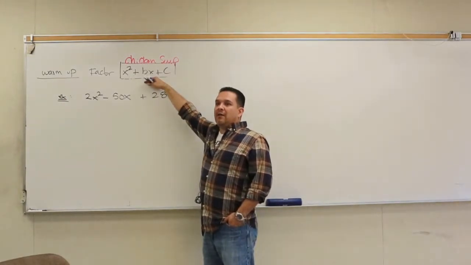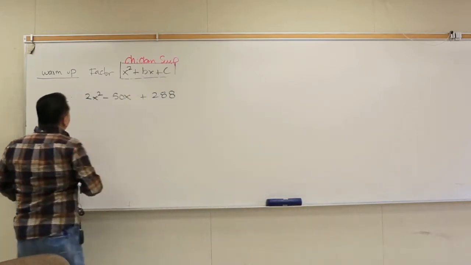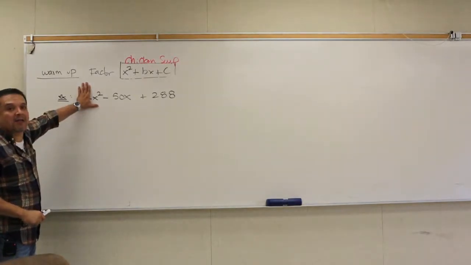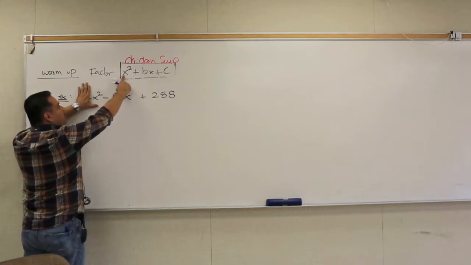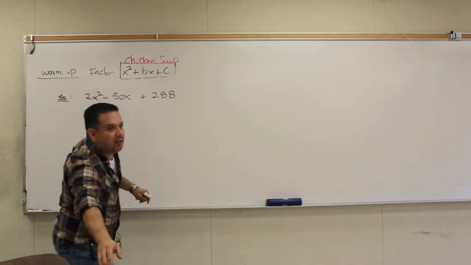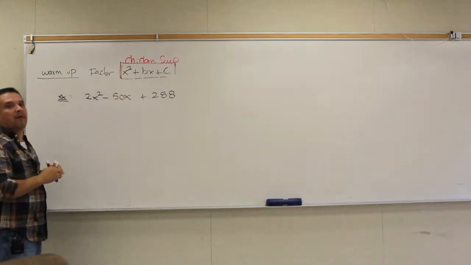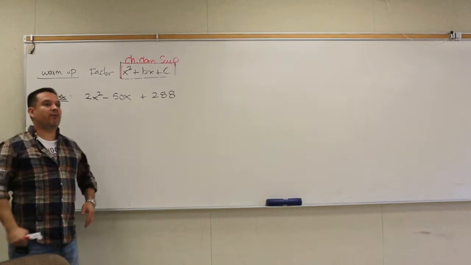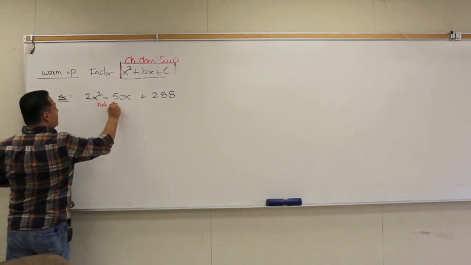Why not? You see this value here? That tells you that if you had this, it's chicken soup. That has to be x squared. In other words, there's really a number 1 in front of that x squared. But there's a number 2. It's not chicken soup.